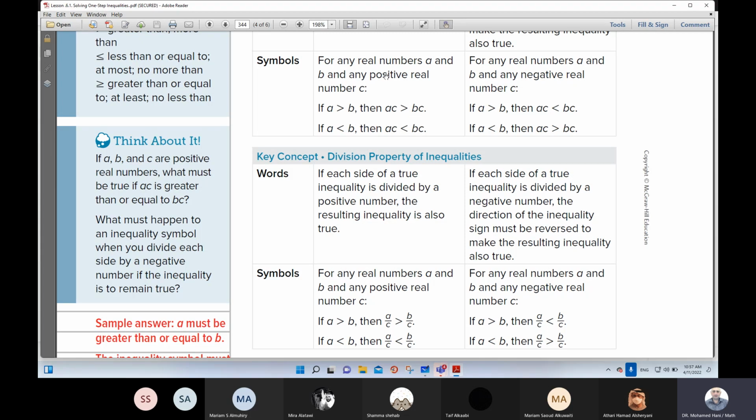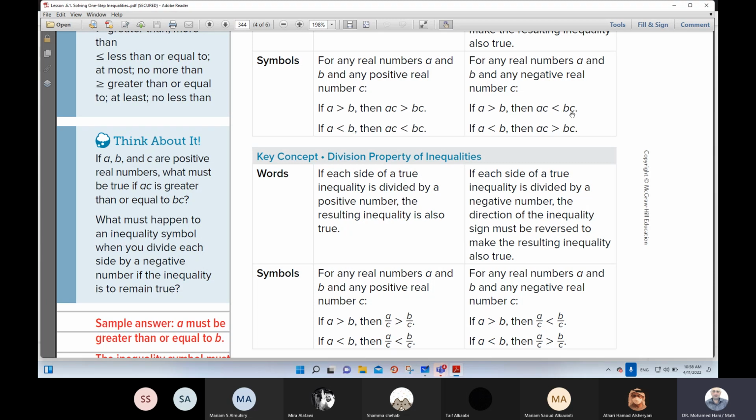But if you multiply the two sides by a negative number, the sign will be switched to the opposite sign. Here a greater than b becomes a times the negative number c less than b times the negative number c.